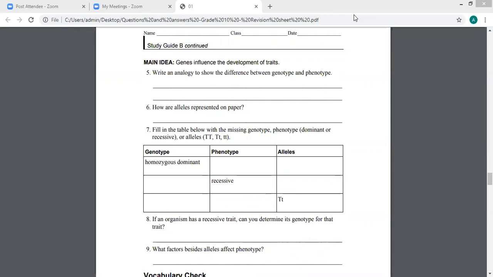You can compare these traits in different persons, like eye color. For example, one person has dark brown eyes and the other has blue. So it is phenotype about the eye color. But genotype is about the genetics of the organism.